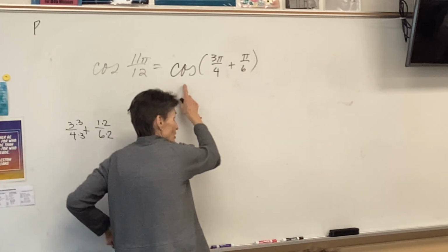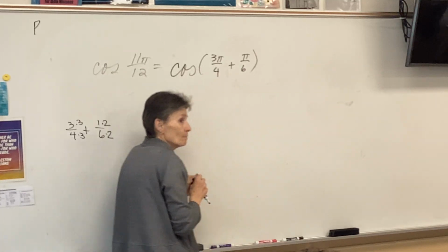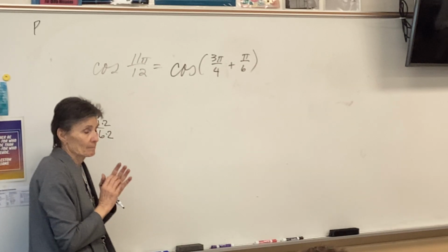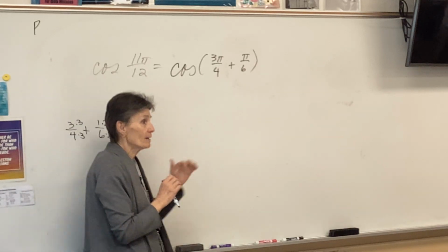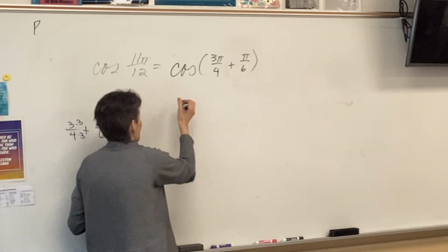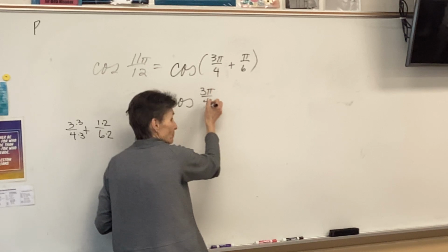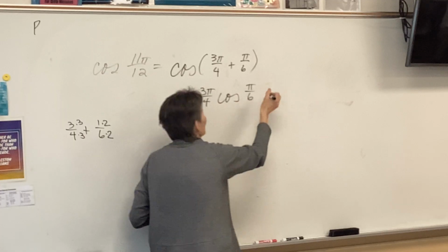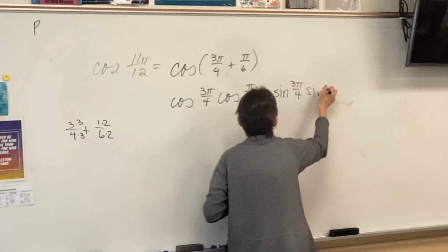Now, this is a cosine of an angle plus an angle. You have a formula for that. What is our identity for the cosine of alpha plus beta? Angle plus angle, what does it say? Cosine of the first, cosine of the second, minus the sine of the first, sine of the second.